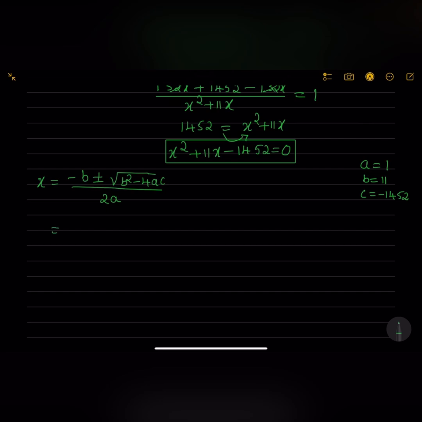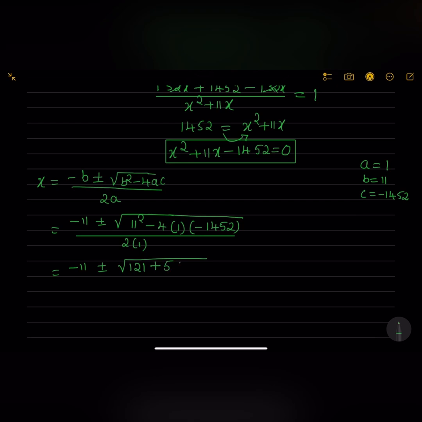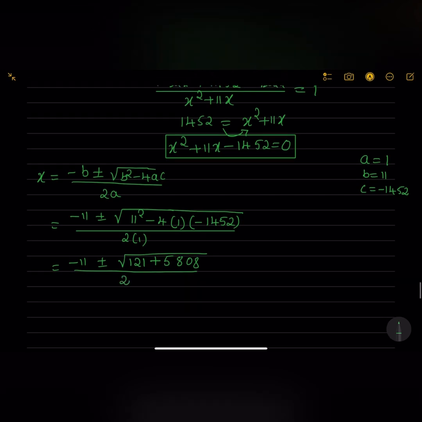Let us substitute these. Minus 11 plus or minus square root of 11 square minus 4 into a is 1 into minus 1452, divided by 2 into 1. 2a, so 2 into 1. That is minus 11 plus or minus square root of 11 square is 121, minus into minus is plus, and if you multiply, we get 5808, divided by 2.